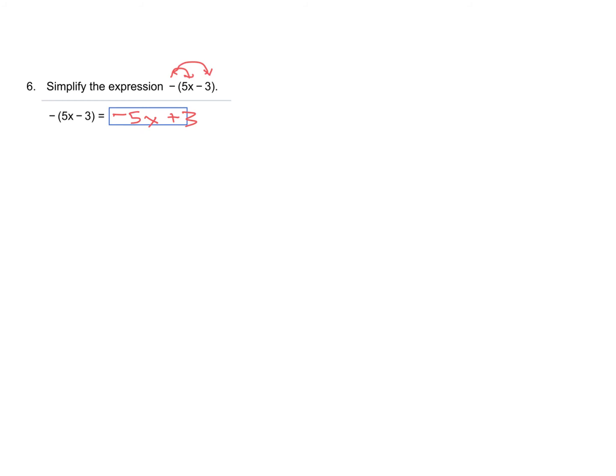If you ever see a negative sitting right outside of parentheses, that will switch the sign of everything inside. What's the sign of this term right here? Positive. It will become negative now. What's the sign of this term now? It is negative. That will switch it to positive. So the negative out front will switch everything to its opposite sign from what's inside. So instead of positive 5x minus 3, it's negative 5x plus 3.